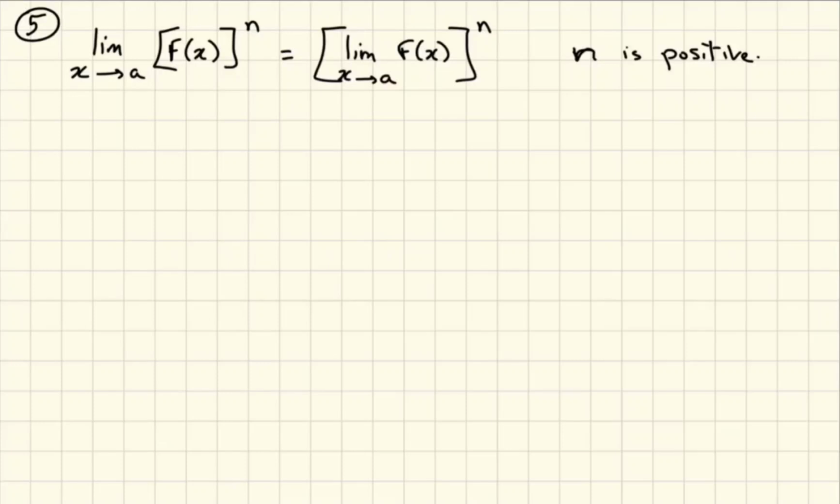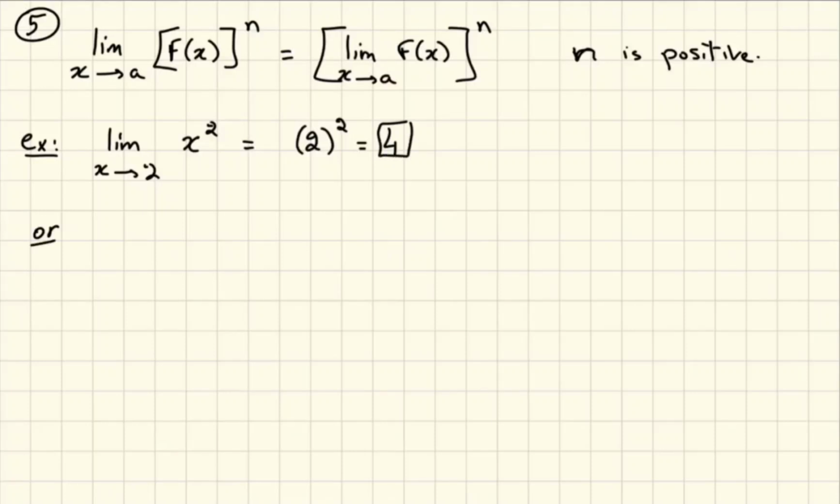Okay, now let's check an example about this. The limit as x approaches 2 of x squared. When I'm doing this, I will replace x by 2 and we get 4. Great.